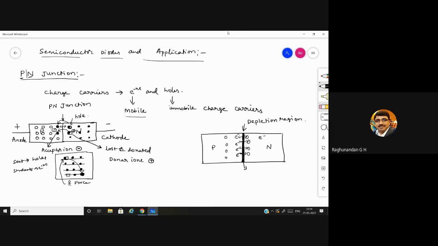Okay, one more. Resistance. Yes, resistance. In resistance, it is not completely avoiding, it is opposing. If you are telling it is an insulator, it is completely avoiding it. But here, this junction is offering some amount of resistance for the flow of charges.